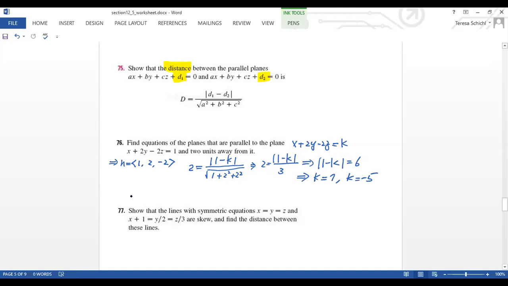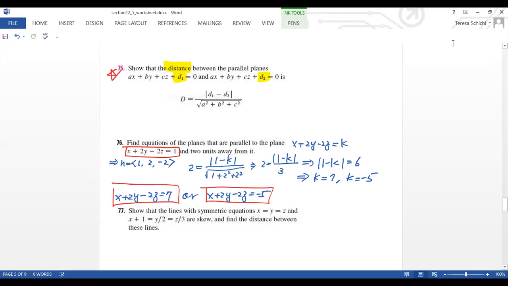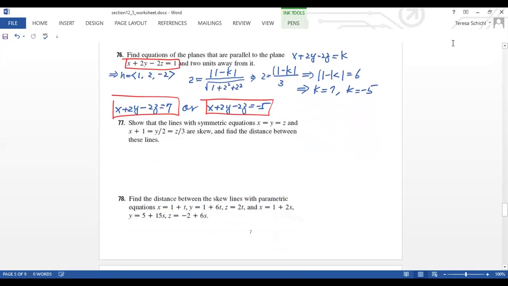So I have 2 planes: x plus 2y minus 2z equal to 7, or x plus 2y minus 2z equal to negative 5. Both of these planes are 2 units away from the given one. If you apply the formula from number 75, it's pretty easy to solve.